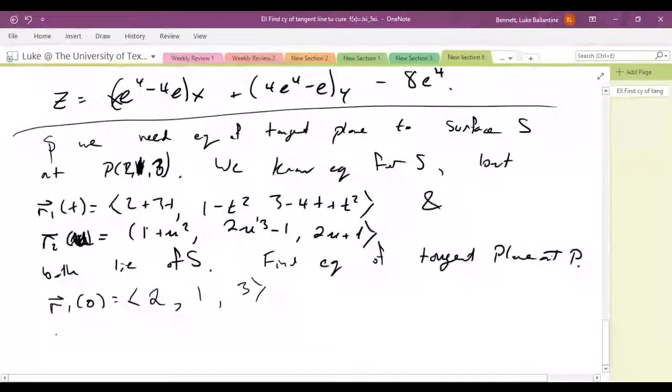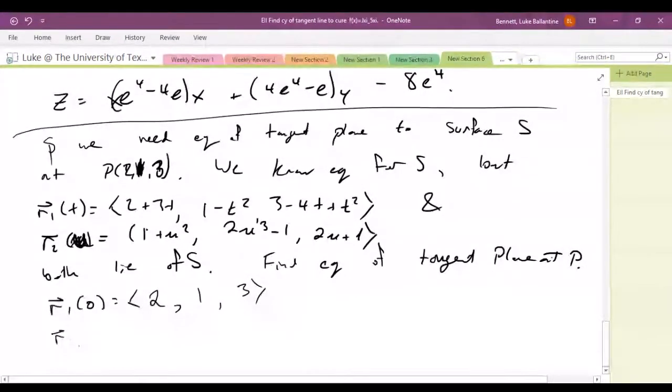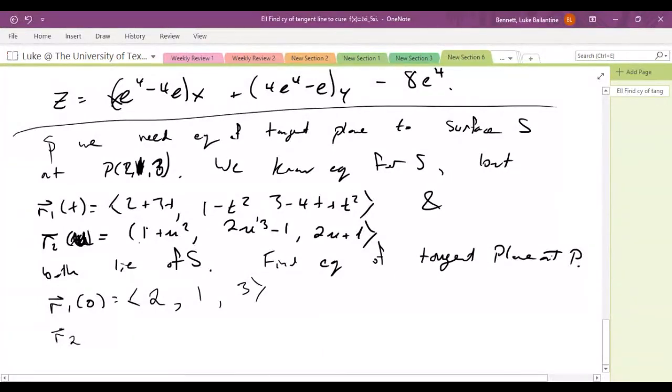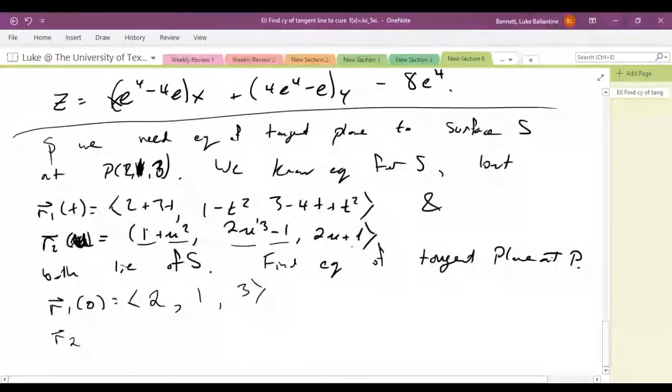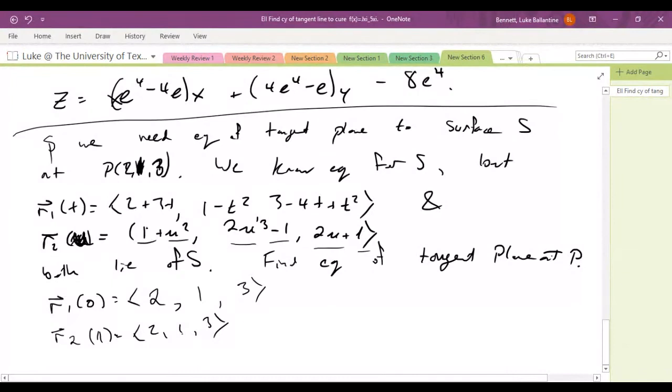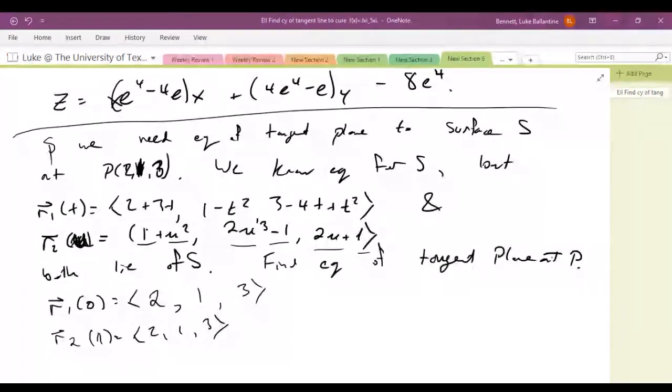For the second equation, we plug in 1: 1 plus 1 is 2. 2 minus 1 is 1. 2 plus 1 is 3. So we plug in 1, we get 2, 1, 3. So these curves lie on the surface S. They intersect at 2, 1, 3.